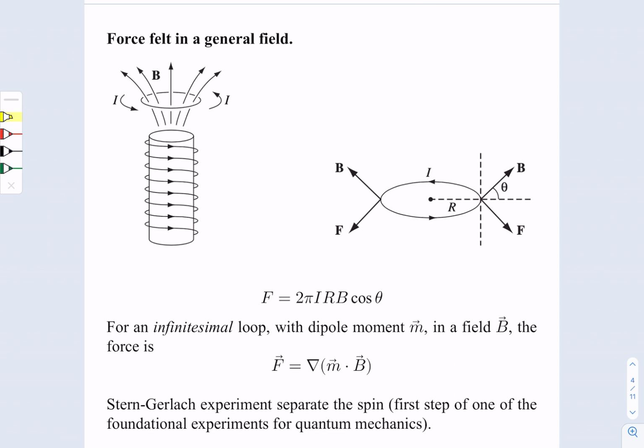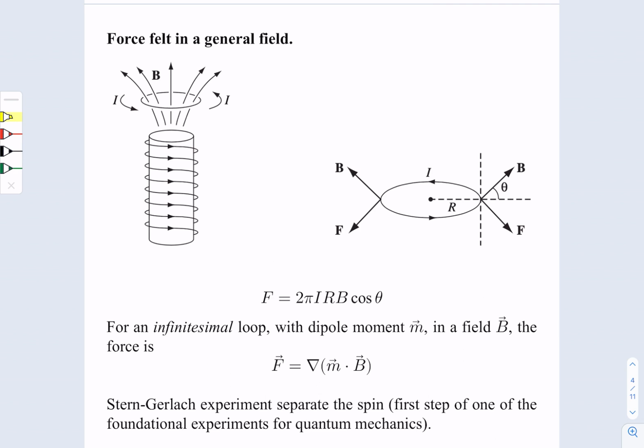In this case, if you try to calculate the force felt by this current or this magnetic dipole moment, you can see that there is a radial component of this magnetic field B, and if you cross that with this current direction, which is pointing into the screen, the force produced by each line segment will be pointing downwards.